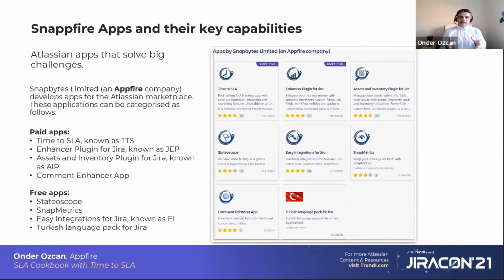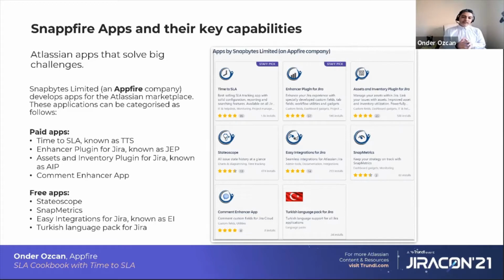And lastly, in terms of the paid applications, we have the Comment Enhancer application, which is tiny but really important for enhancing your commenting capabilities, such as first commenter, last commenter, etc., for the cloud. Just before moving on, Enhancer plugin for Jira is available for all platforms, from server and data center to cloud. But the assets and inventory plugin is available on server and data center, not cloud yet.